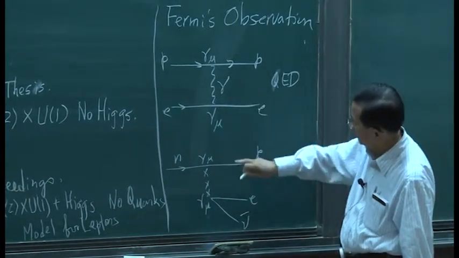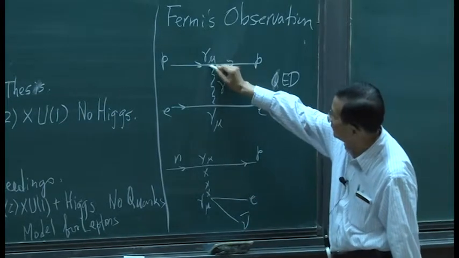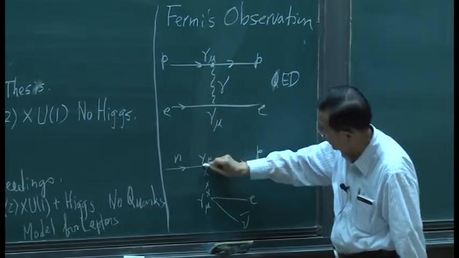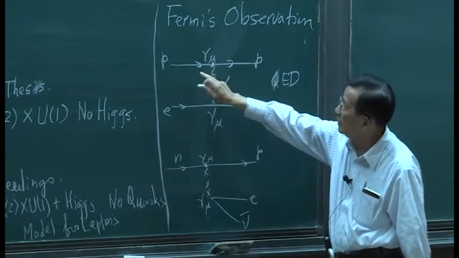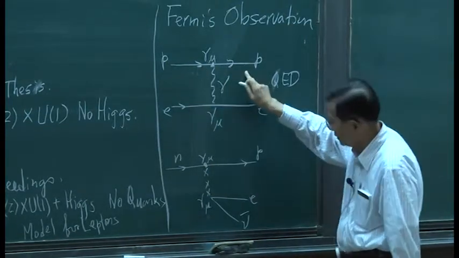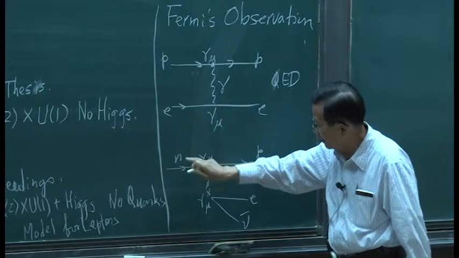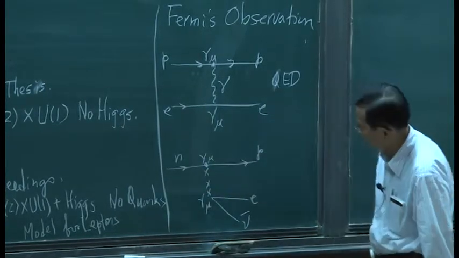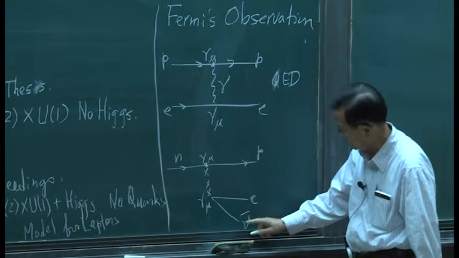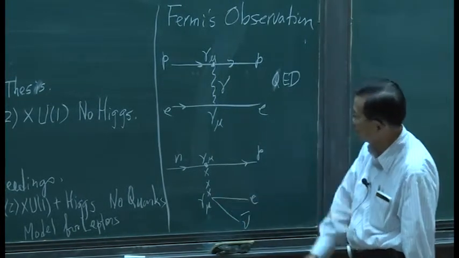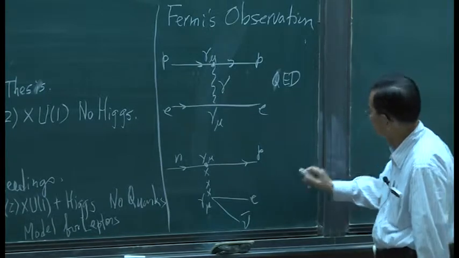And he made the following observation. The only difference between this vertex and that vertex, for example, is that there's no charge exchange. The proton stays a proton, but here, the neutron turns into a proton, and the electron and anti-neutrino have different charges. So there's a charge exchange.